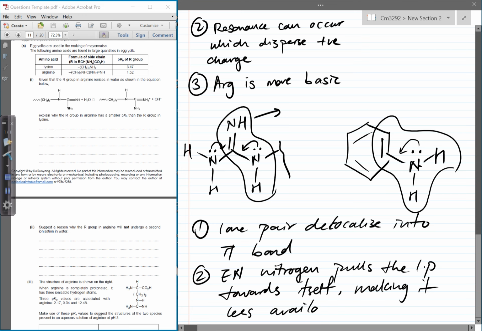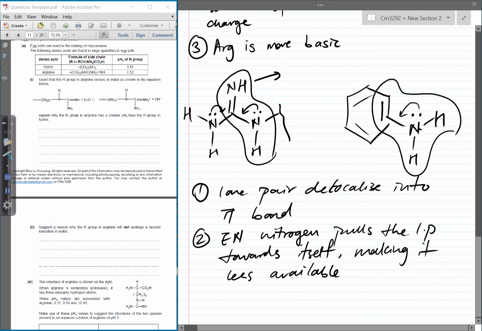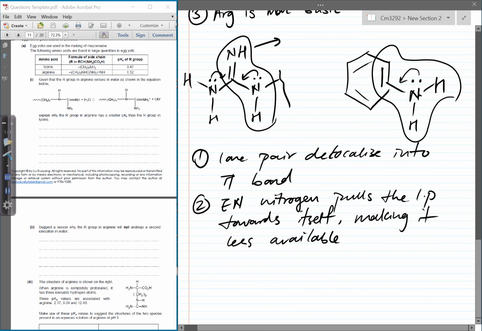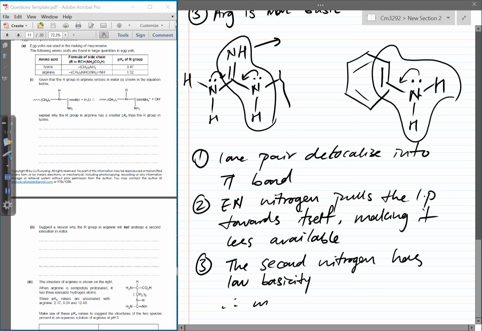Since this question is asking about why it is not basic, you have to link back to the availability of the lone pair. So therefore, the second nitrogen has low basicity. Therefore, it will not undergo second ionization.